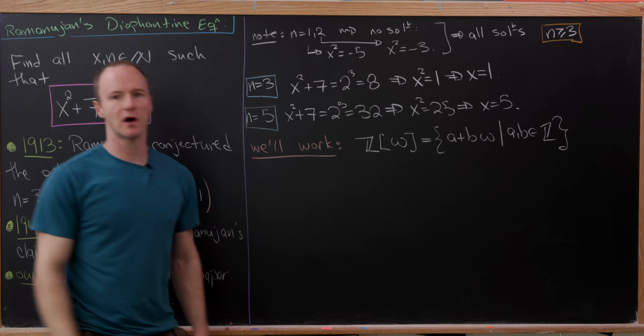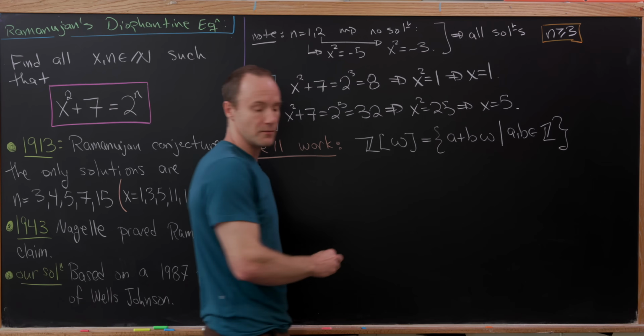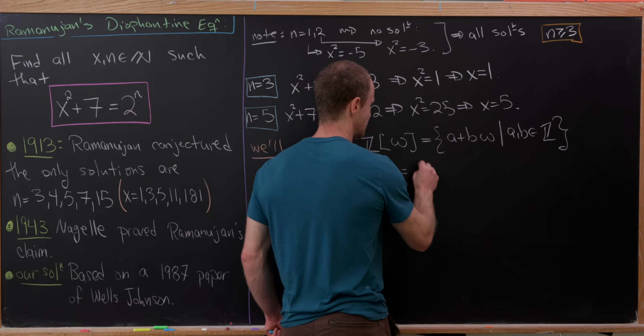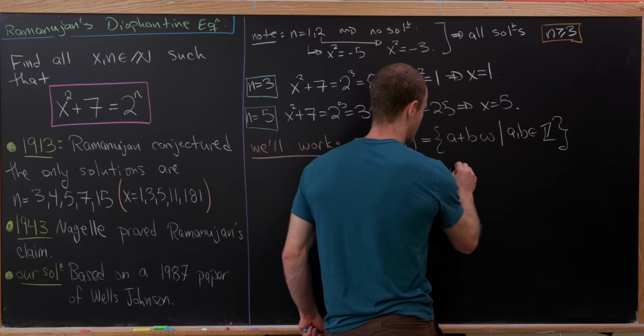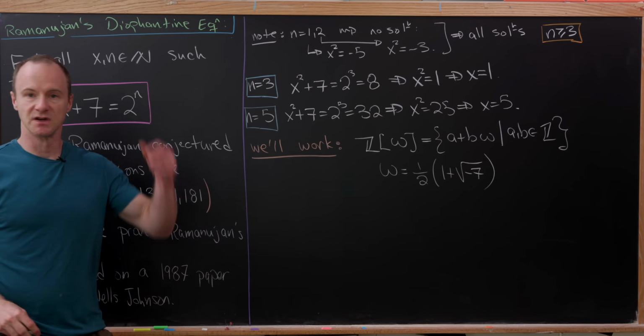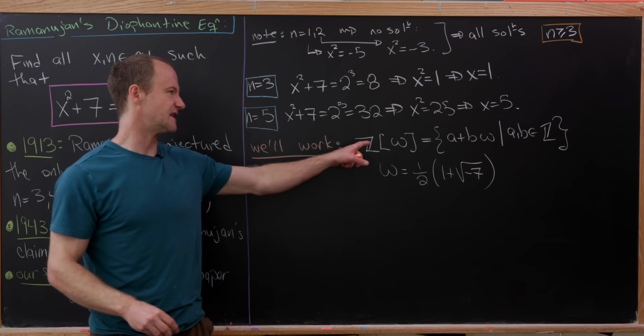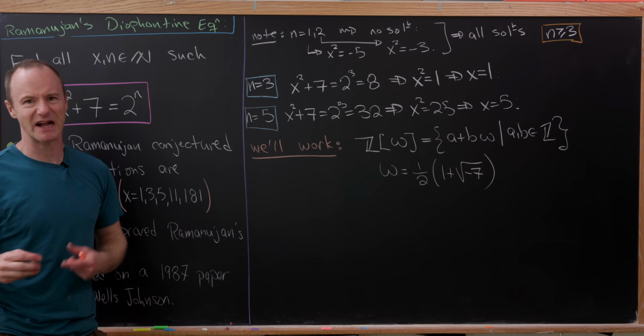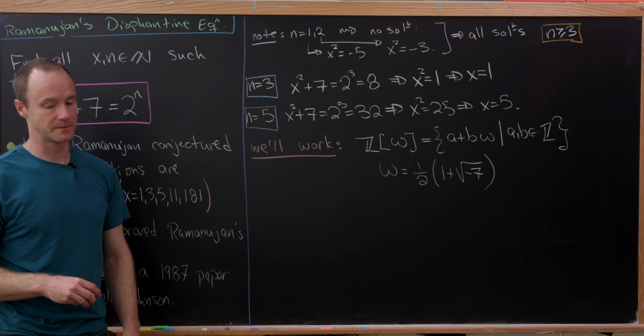But you might say, well, what's omega? Well, omega is going to be equal to 1/2 times 1 plus the square root of -7. So this makes Z adjoin omega like an imaginary ring of integers.